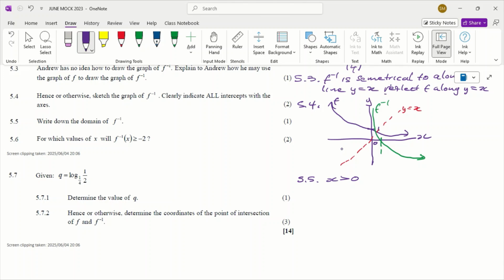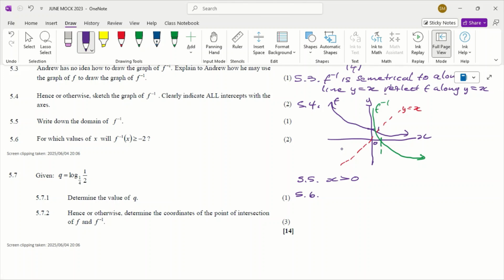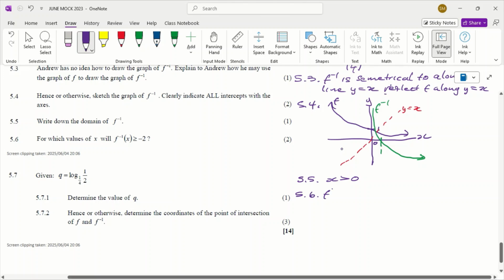5.6. For which values of x will the inverse of f be greater than or equal to -2? Now what we need to do is write down the function of the inverse, which is log base 1 over 4 of x.